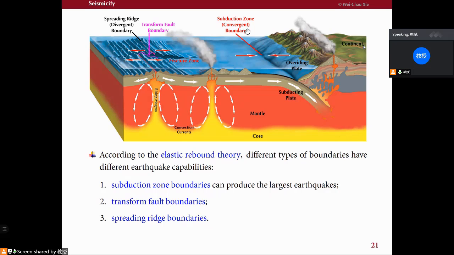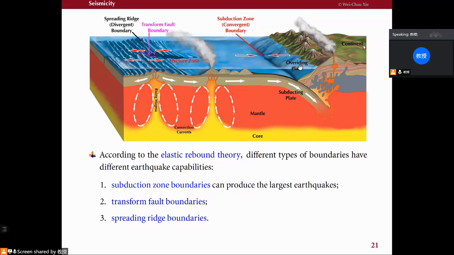If we have two plates coming together towards each other, we have the so-called subduction zone or convergent boundary. Subduction zone boundaries can produce the largest earthquakes.